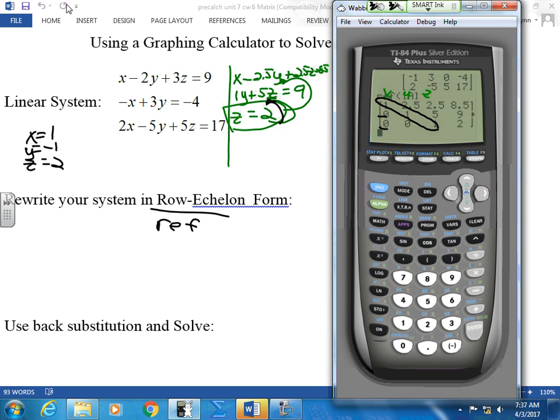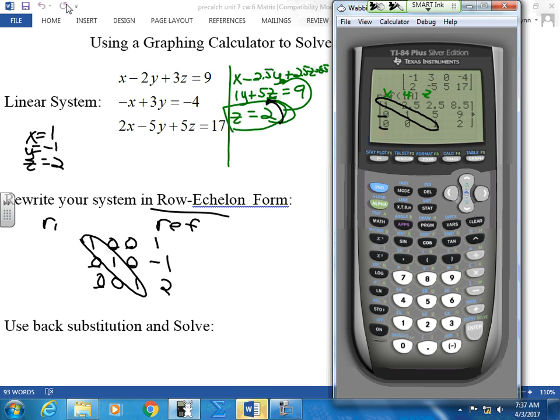Now the other one has zeros in place of all the other entries. It'll say this: 1 0 0 1, 0 1 0 negative 1, 0 0 1 2. It has the diagonals here. It has the leading 1s, but notice it has everybody else as a 0.